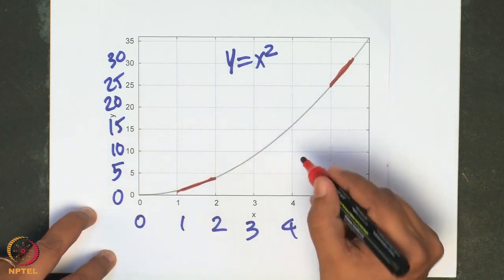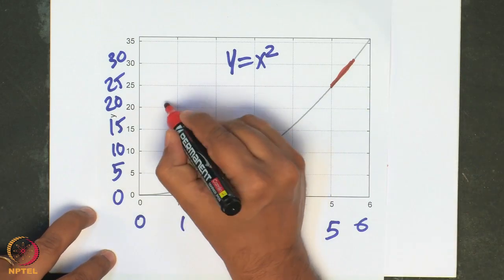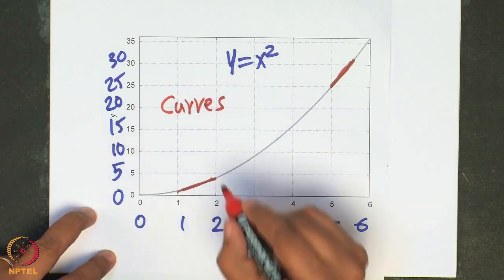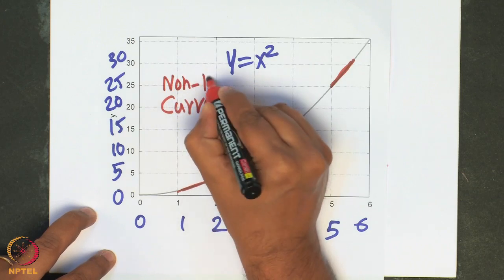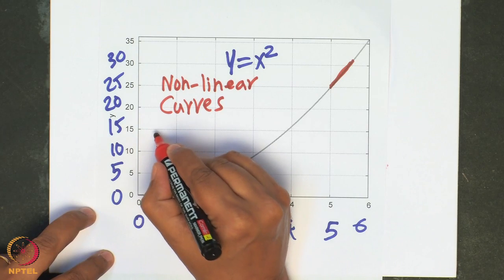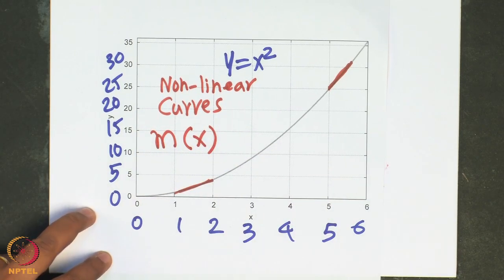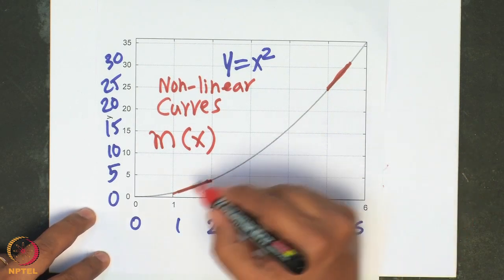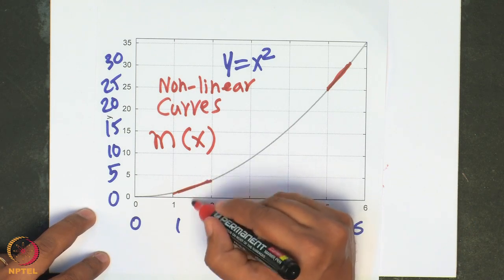For a line, the slope was the same, but for curves which are non-linear, it's not a line. For non-linear curves, slope, which is m, is a function of x. So m depends on for what value of x you calculate. If x is between 1 and 2, you will get a different slope.